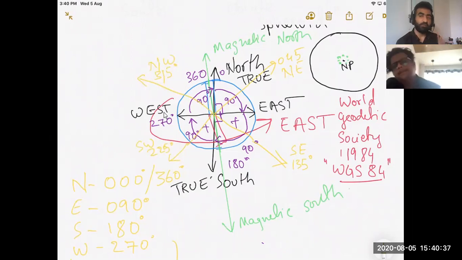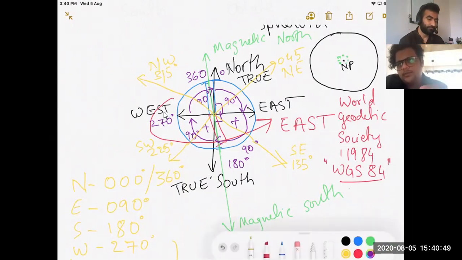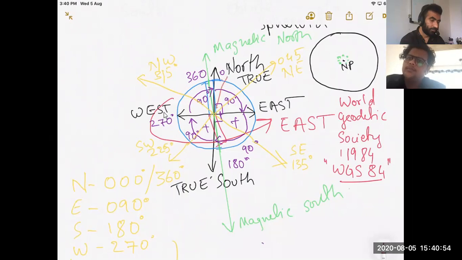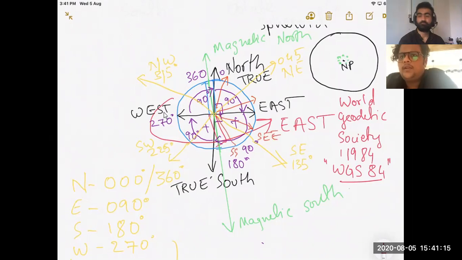There are more divisions of directions where between north and northeast you have north northeast, then northeast, east northeast, east. Similarly, south southeast, southeast, and it goes on.